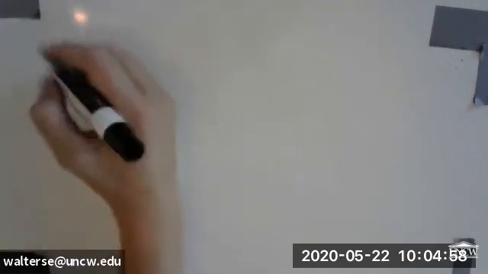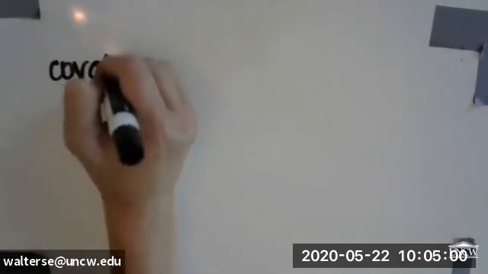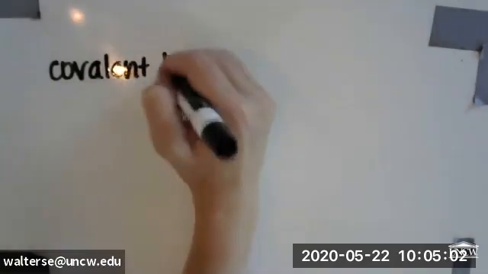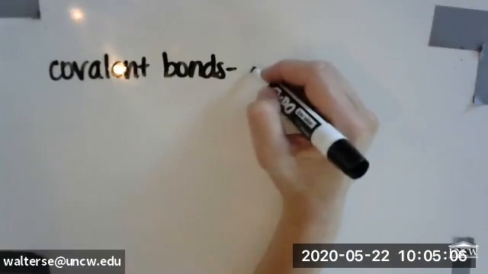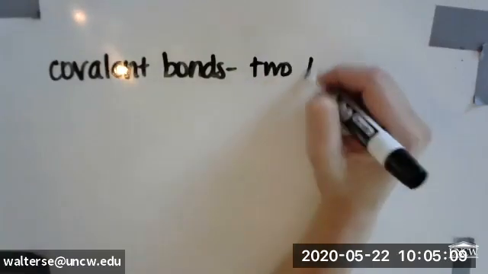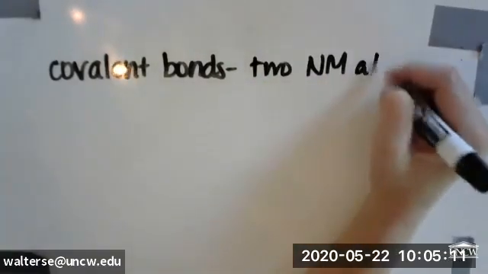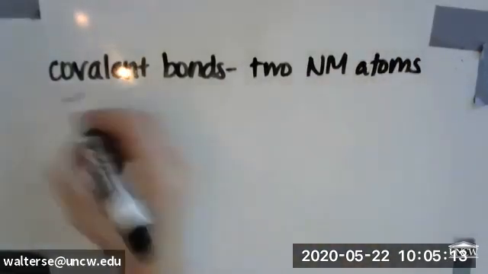So the first slide that you see is a compilation of different images to help describe the bonds. But now we're talking about covalent bonds. And these are going to be when 2 non-metal atoms share valence electrons.